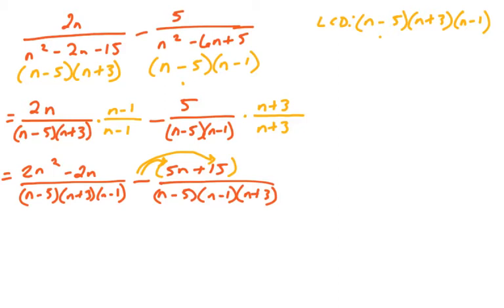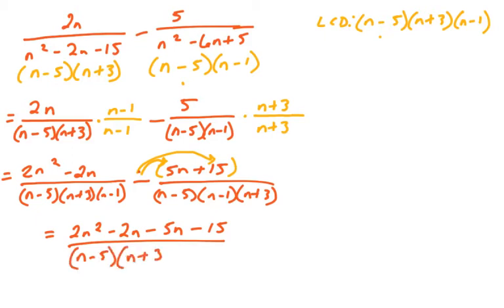I'm going to do that all in one step so I don't run out of room. So we have 2n squared minus 2n, and we're going to subtract 5n and then minus 15. Again, I'm getting 2 subtractions here because we distributed in the previous step. And then I'm writing all 3 factors again, n minus 5, n plus 3, and n minus 1.